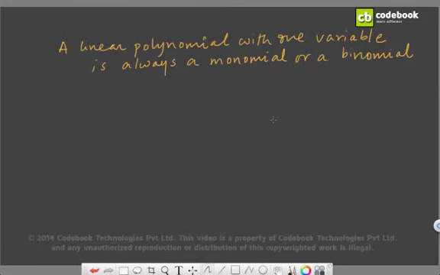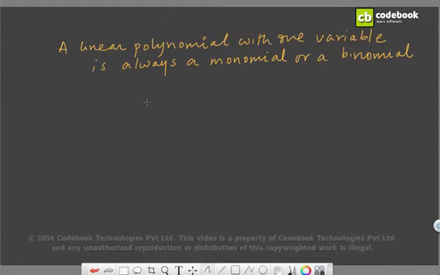Next, we will learn about a special property of linear polynomials with one variable. A linear polynomial with one variable is always a monomial or a binomial. So what do we mean by this? If you remember, a linear polynomial is a polynomial whose degree is 1.